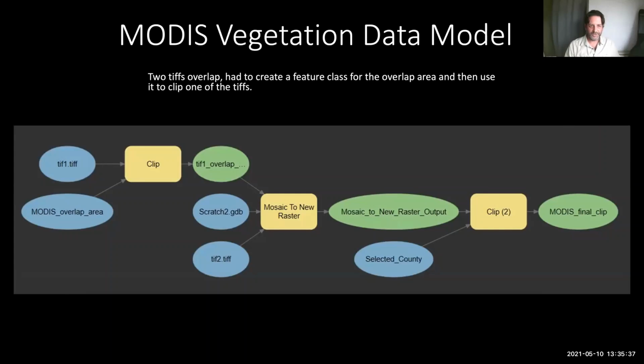For the MODIS vegetation data, this was also in 2 geotiffs, but the satellite coverage overlapped. So I manually created an overlap area to use as a clip, and clipped out the first TIFF that had the least amount of coverage and merged those together into a new raster, and then clipped that raster to the county.